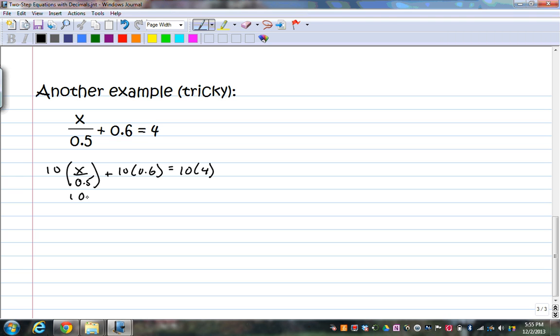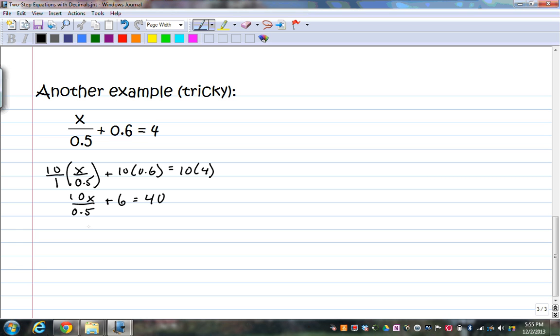This becomes 10x over 0.5 because this is the same thing as 10 over 1. And then this is plus 6 is equal to 40. Now, where we go from here, you've got to be a little careful because this means 10 divided into halves, or 10 divided by 0.5.